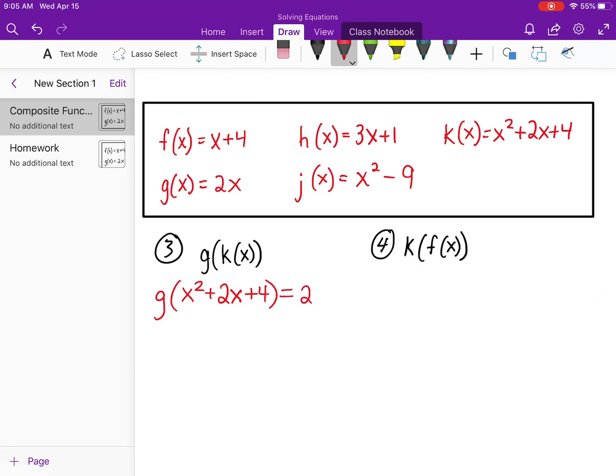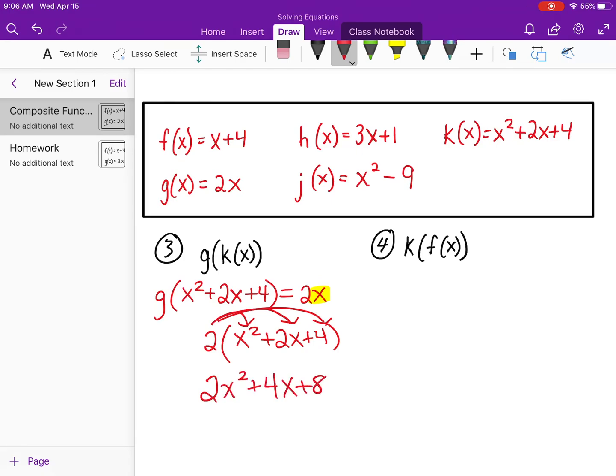Now we know that g of x is 2x, so I'm going to take out this x, and I'm going to replace it with the x squared plus 2x plus 4. So it's 2 times each term in the trinomial. So that's 2x squared plus 4x plus 8.